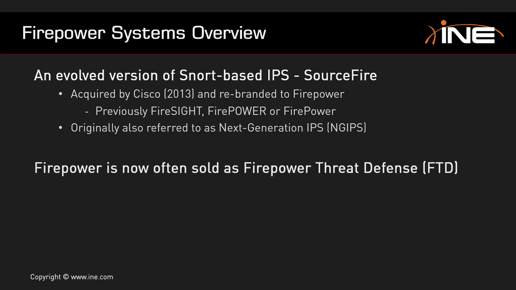Okay, now to make things more confusing, Cisco came up with a new product known as Firepower Threat Defense, FTD, which is now slowly replacing the original Firepower, the original next generation IPS. And why is this the case?